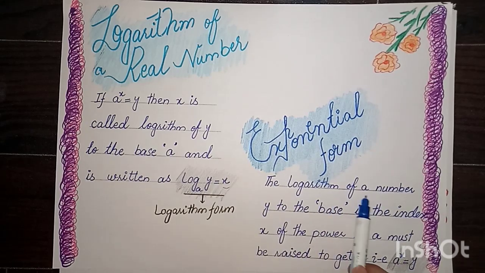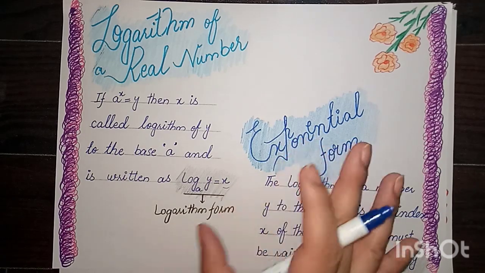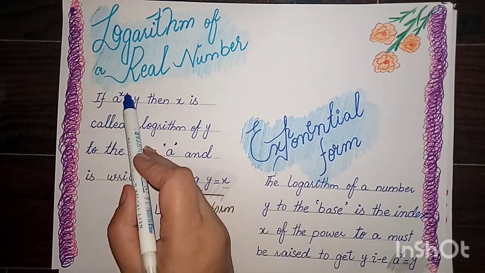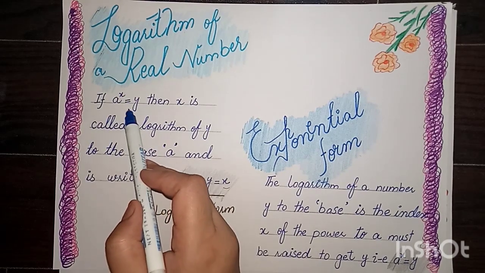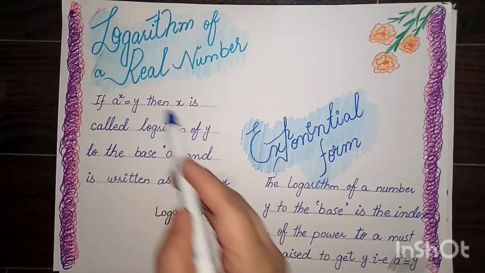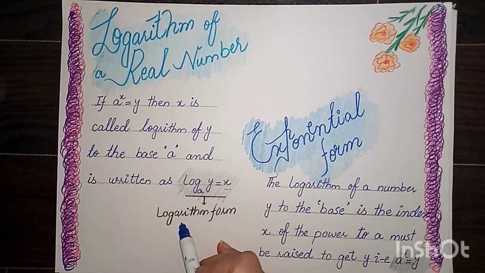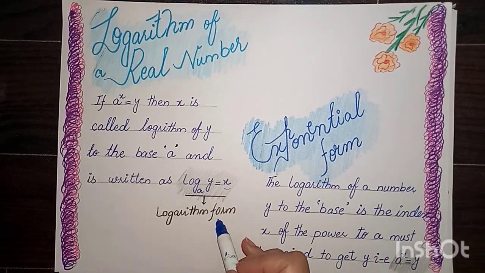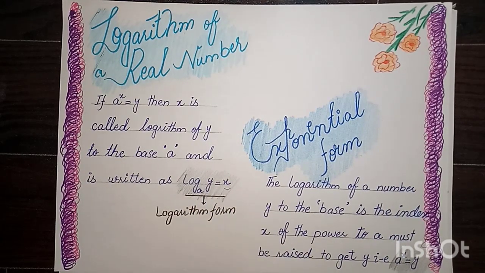The logarithm of a number y to the base a is the index x of the power to which a must be raised to get y. So it means to say that a to the power of x is equal to y. In a simple way, this exponential form is called the exponential form of logarithm, and this log form is called the logarithmic form of the log of a number.